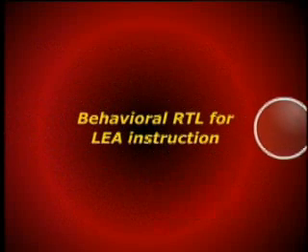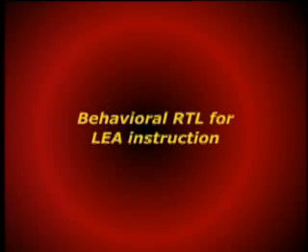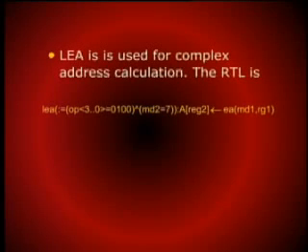The next slide shows the behavioral RTL description for load effective address instruction LEA. This is used for complex address calculations and corresponds to an opcode defined by binary 0100, which means either opcode is decimal 4 or the mode 2 is 7.